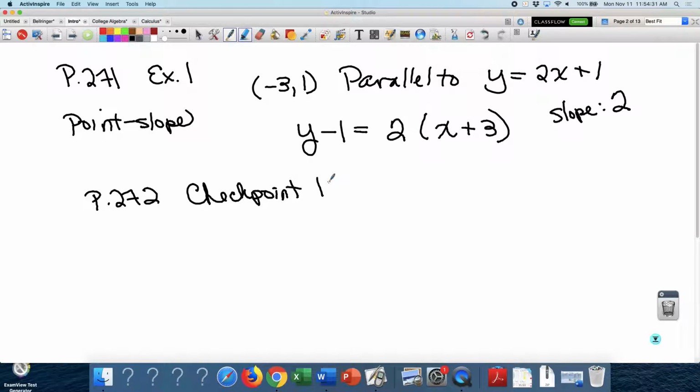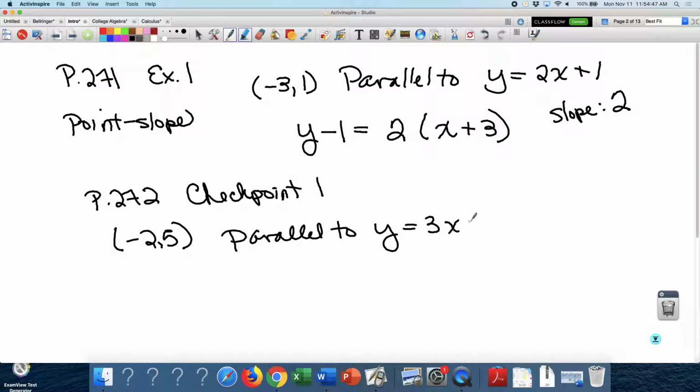Okay, so everybody look on page 272 at checkpoint 1. It says, write an equation of a line that passes through -2, 5, that's my point, and is parallel to y equals 3x plus 1. So the first thing that we're going to do is y minus y1.